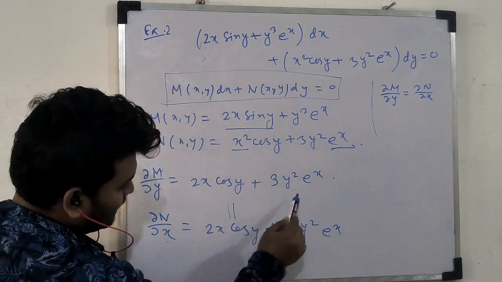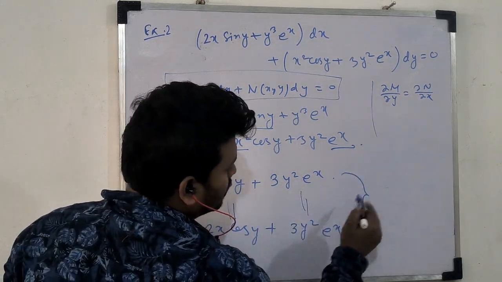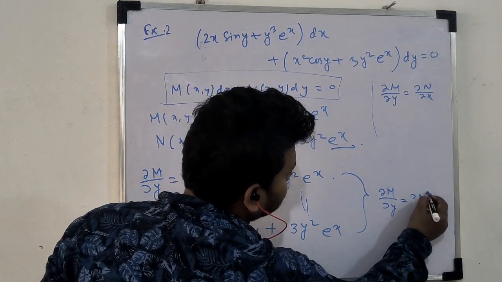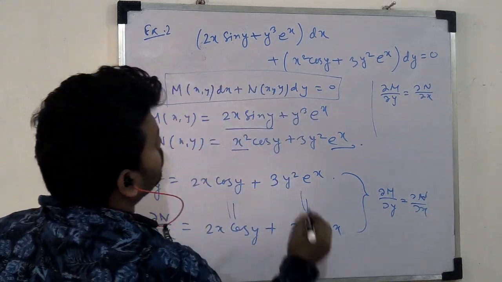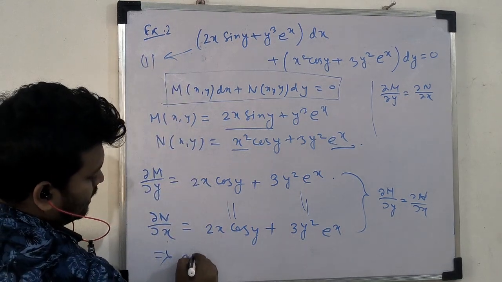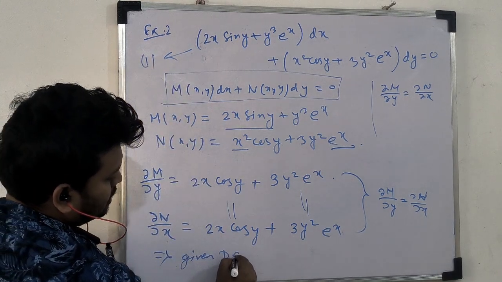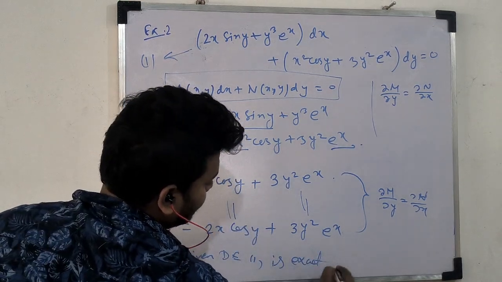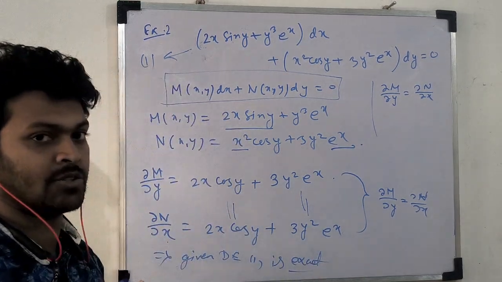So this is equal, this is equal. Therefore we get del M del y equal to del N del x. So we can conclude that this given differential equation is exact.